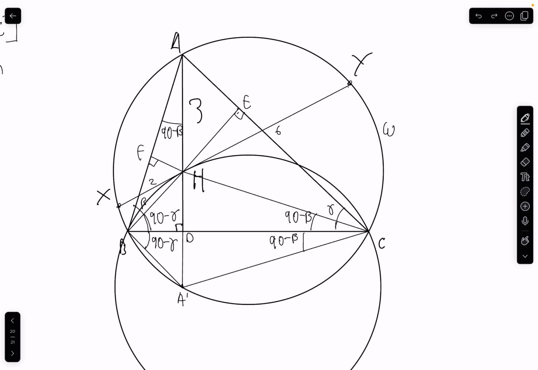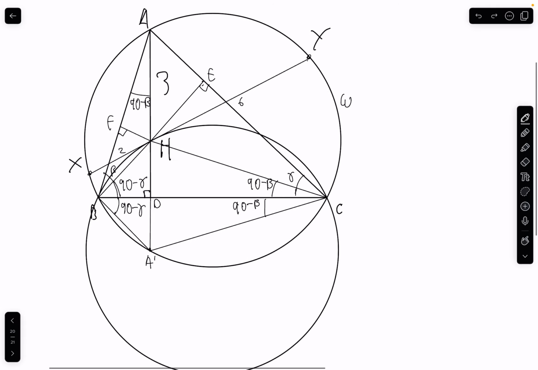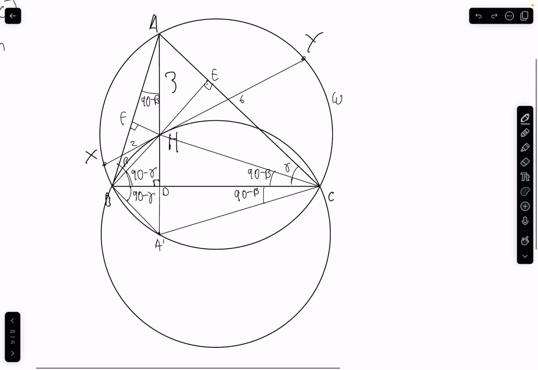What that also means is that the circumcircle for A prime BC is going to be a reflection of the circumcircle for HBC across the line BC.